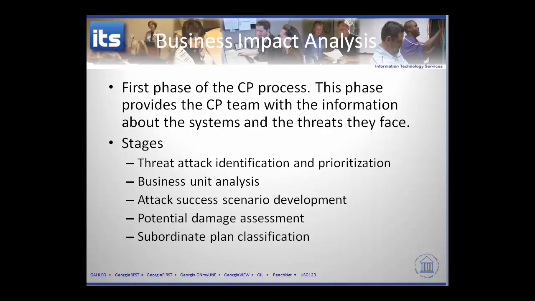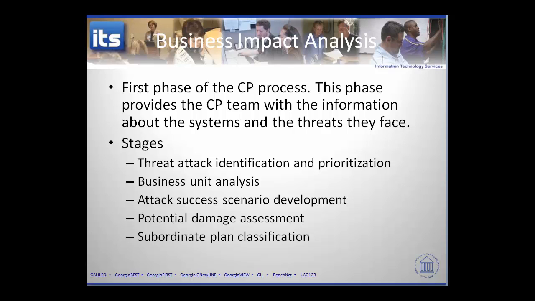That business impact analysis has itself 4 stages, and each of these stages are listed there on the slide. The first, of course, is to identify your threat attack identification and then your prioritization of those threats. For those of you that are pursuing a business degree, this is kind of like a SWOT analysis.